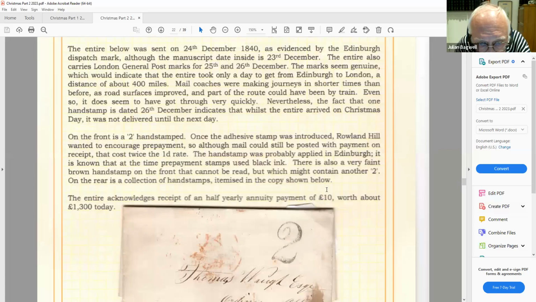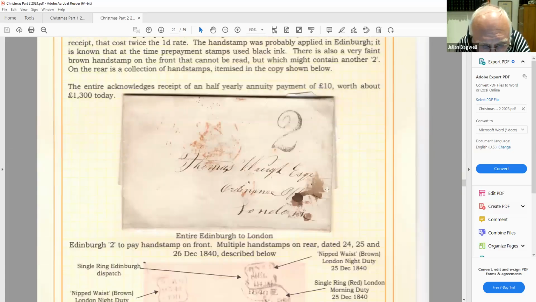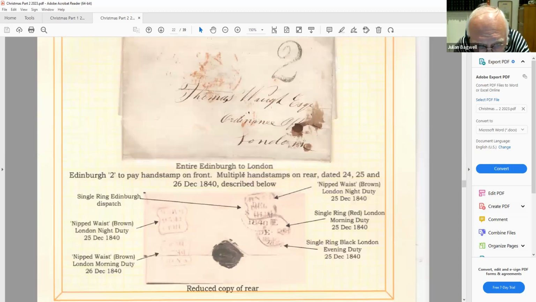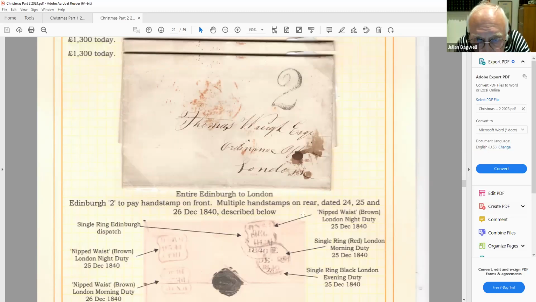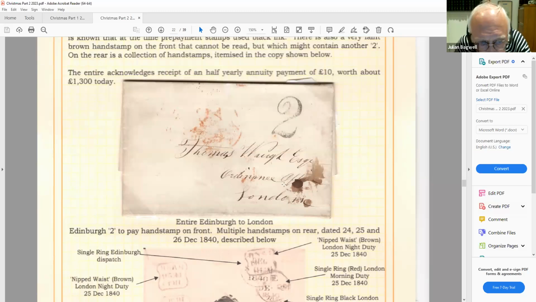This next item is interesting. This was also sent in 1840, and it's got on the back a lot of hand stamps showing its route. It was dispatched on the 24th of December from Edinburgh, and appears to have arrived in London on the 25th, which was pretty fast, but probably in the evening. And then other hand stamps here. The other interest in this item was it doesn't carry a stamp.